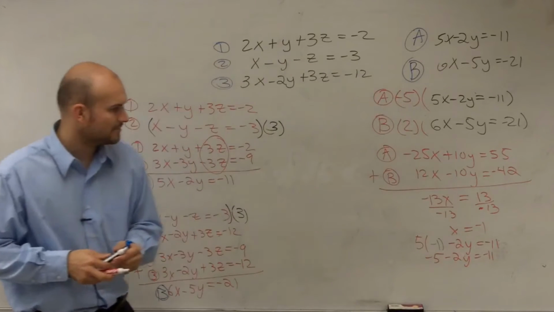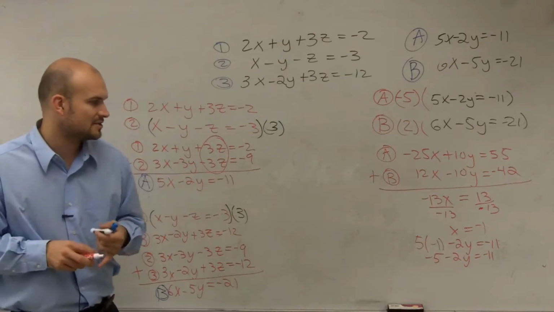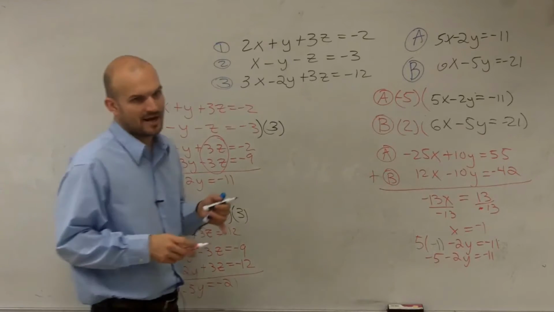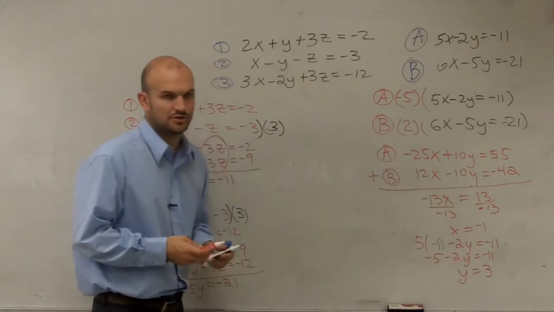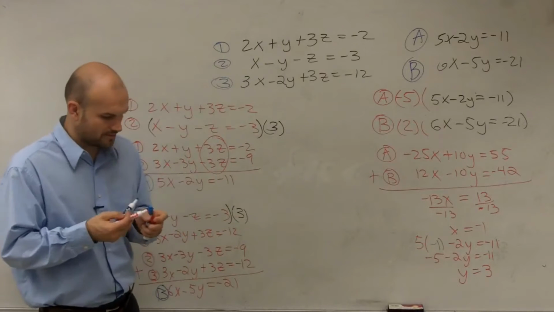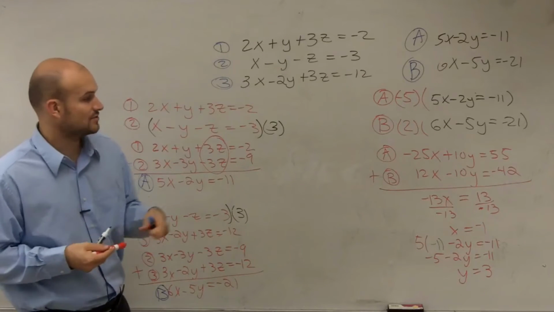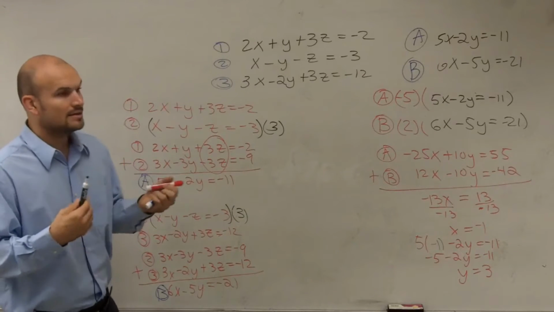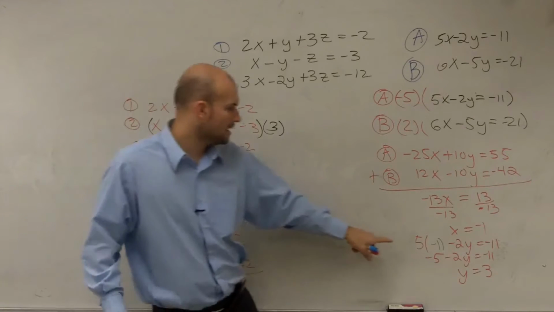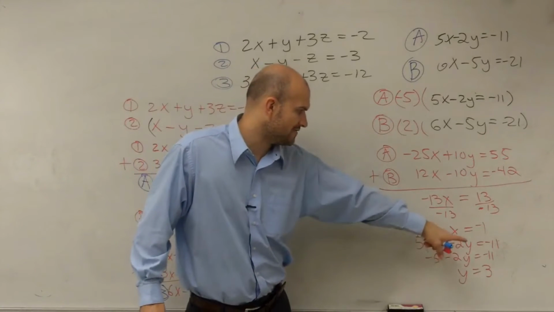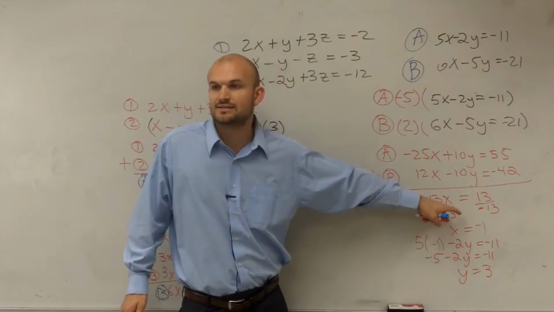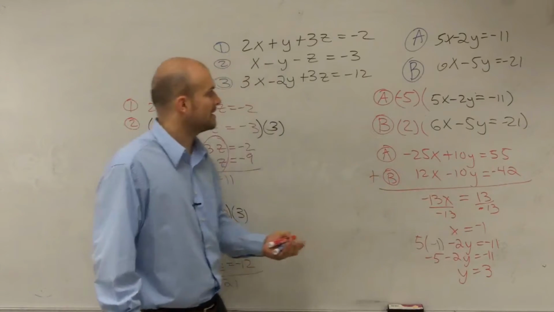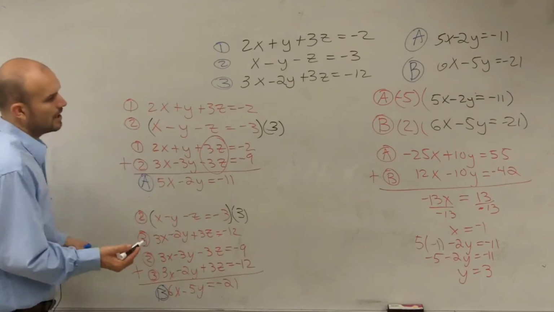To kind of ease my work here, I'll add the 5 to the other side to get me negative 6. Divide by negative 2, and I get y equals positive 3. Okay, you guys can do your work on your own. I'm just going to have to kind of move this along. So now I know y equals 3 and x equals negative 1.